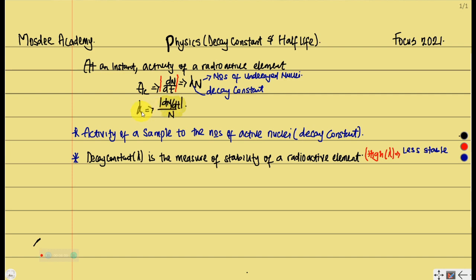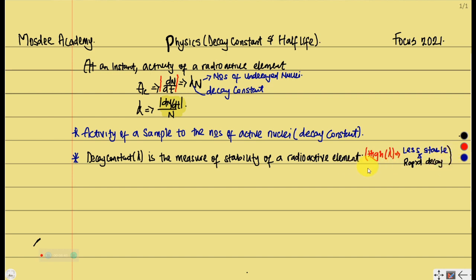But with a high value of decay constant, the stability is going to be lowered, as it is inversely proportional. So always keep in mind that high lambda simply means less stability and rapid decay or rapid disintegration.